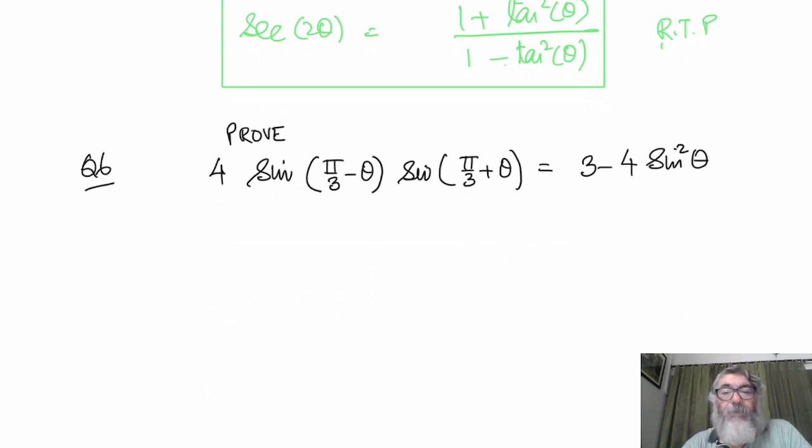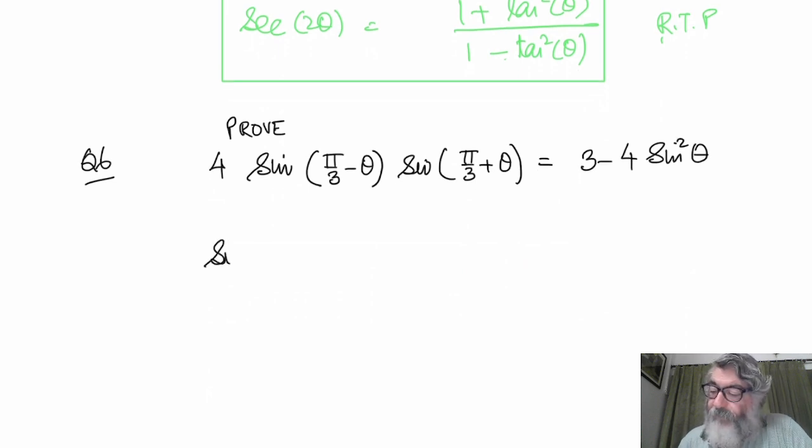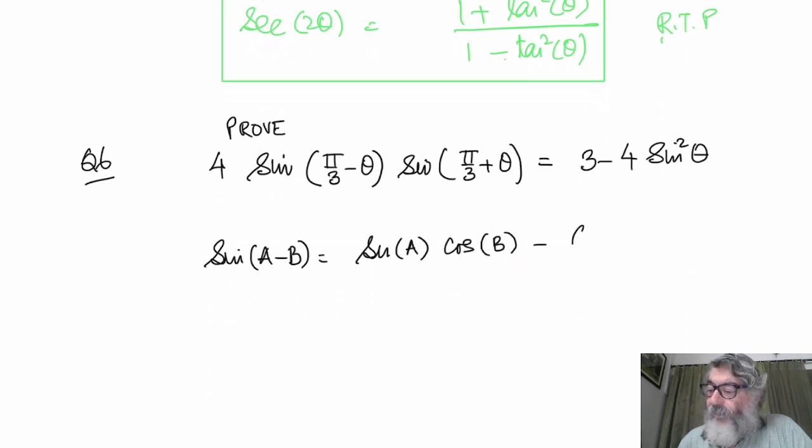Now again, here is one formula I'll remind you of, and I'll derive it for you so that you remember it. It is sine of pi upon 3 minus theta, sine of pi upon 3 plus theta, that is, sine (a minus b) into sine (a plus b). Let's see what is sine (a minus b). Sine (a minus b) is sine a cos b minus cos a sine b.